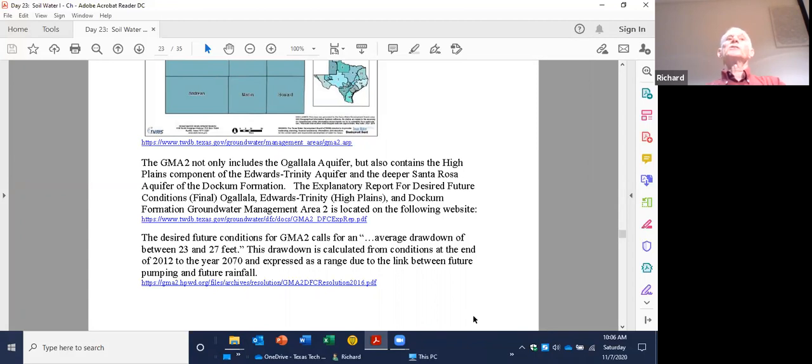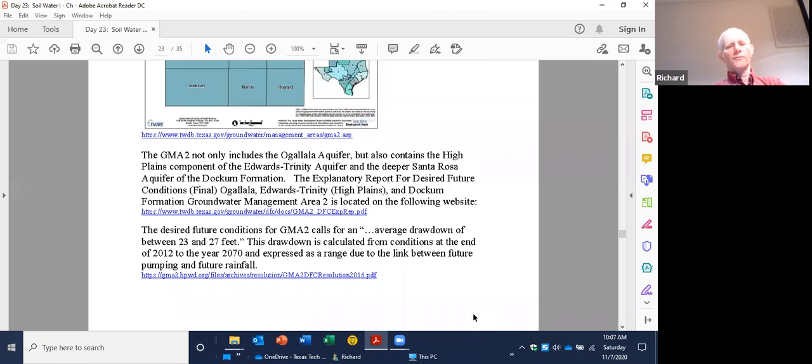The idea of this is there will still be water available in 2070, and they'll have another management plan to figure out what they want to do for desired future conditions. Going back to that first cartoon I showed you, if you run out of water, you're in much more trouble than if you run out of oil. And so the idea is we want to control future conditions so that we can have water available for future generations.